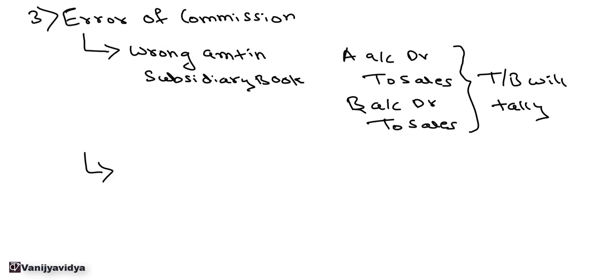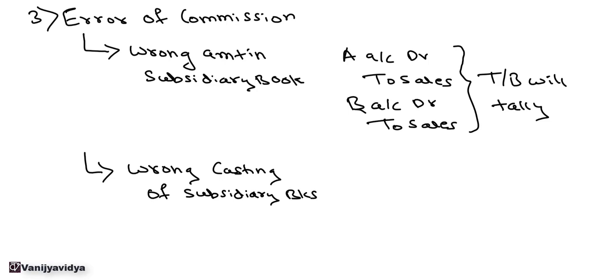Then the next type may be wrong casting of subsidiary book. Now, wrong casting is totaling errors. So there might be a possibility that there is an error in the totaling, and because of the totaling error, the entry is passed for a wrong amount.